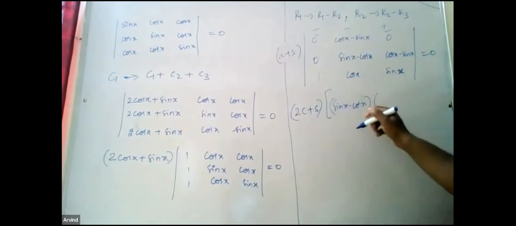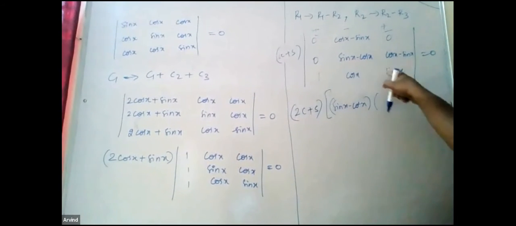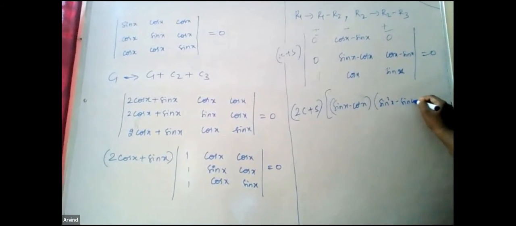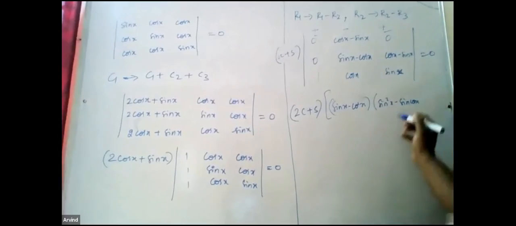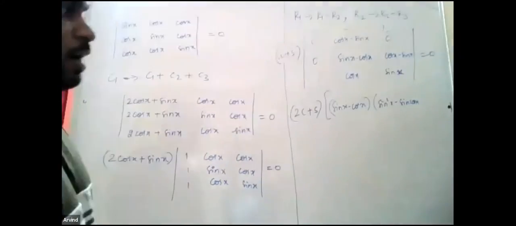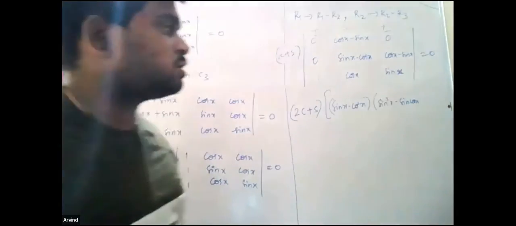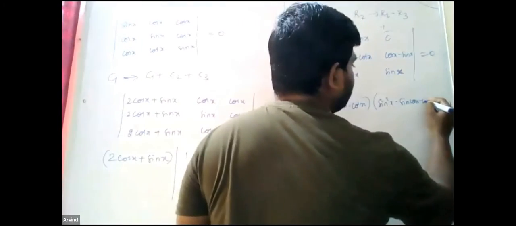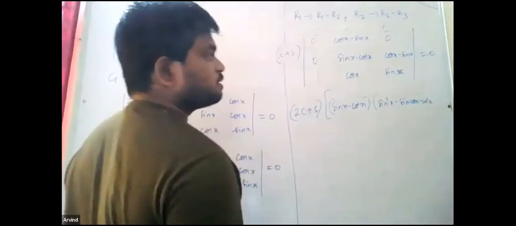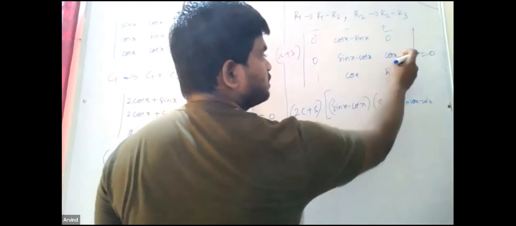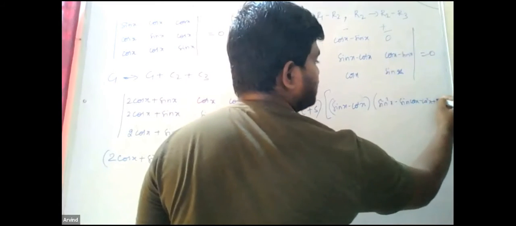Into the determinant of this. First multiply these two: sin into sin is sin square x minus sin x cos x. Next, what will you get? Minus cos into cos is cos square x, minus into minus gives plus sin x cos x.